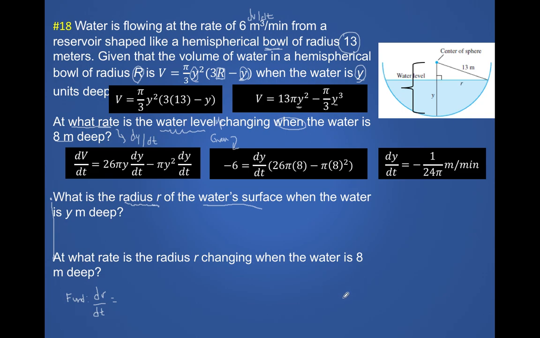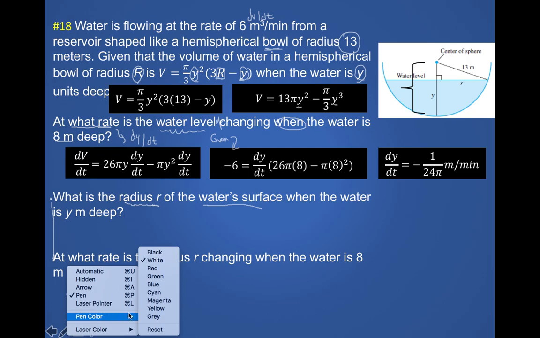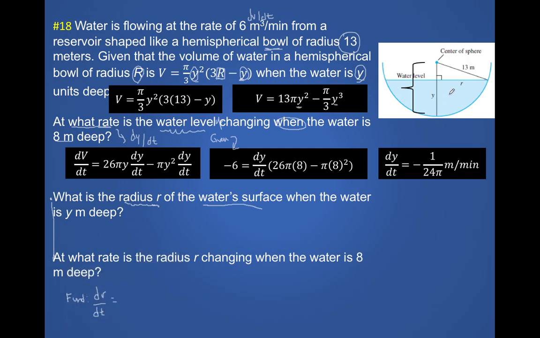So I need to go up here to the picture, and I notice that little r here, they've given me a hint and drawn, because a radius from the center of the sphere out to the bowl at any place has got to be 13, right? That's what a hemisphere is. And then this, of course, is the height of the water. But with the water level, it makes a right triangle.